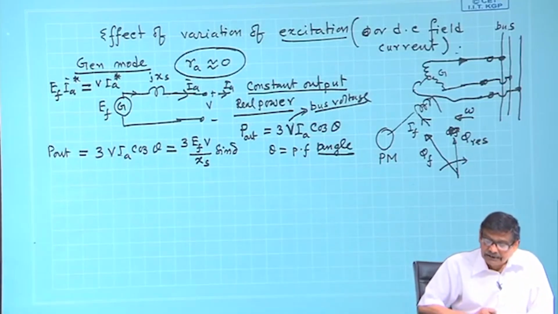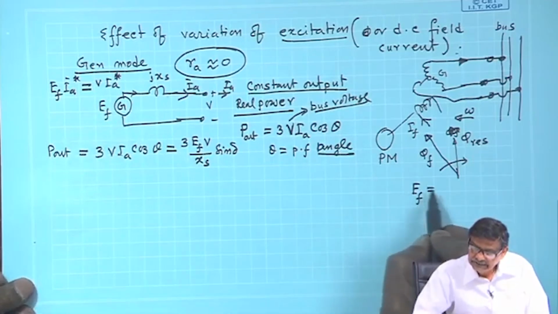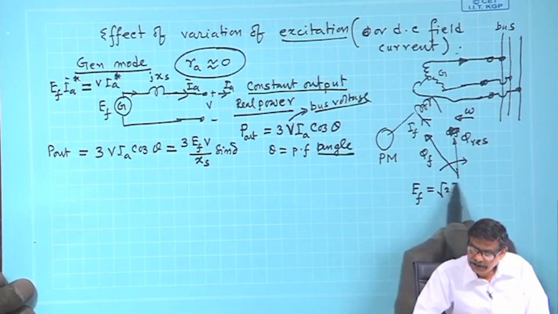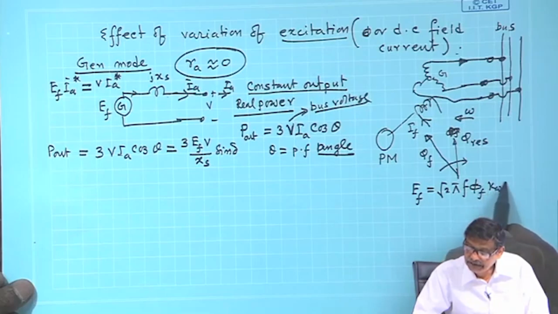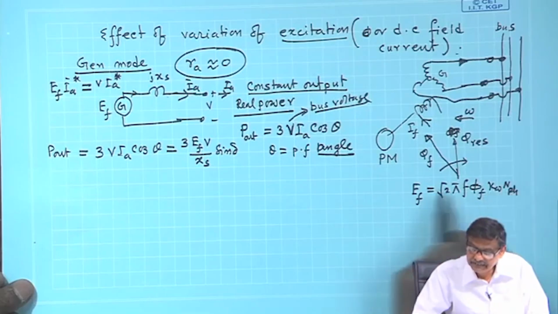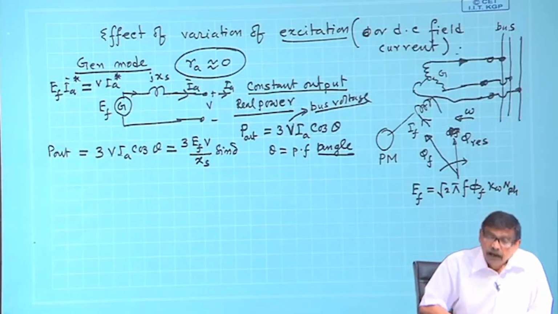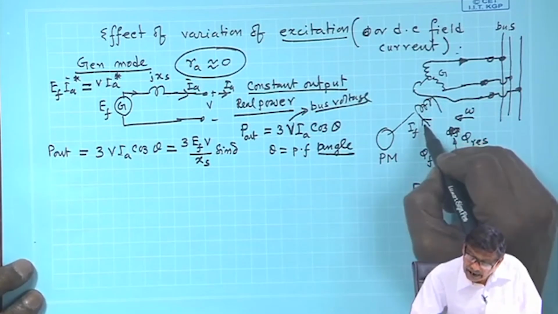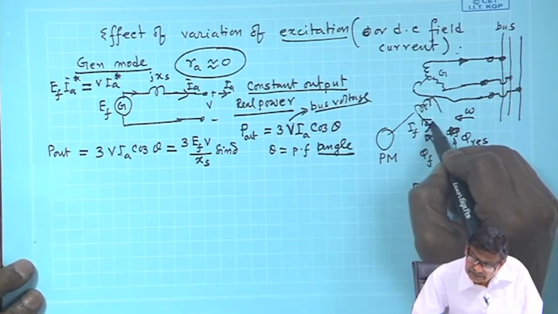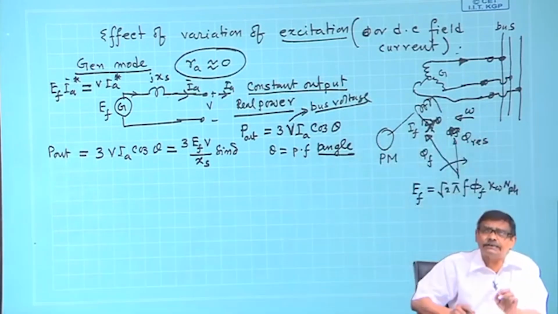Now, what I am telling is this. You recall, this E_F is equal to root 2 pi f times flux per pole times k_W times N phase of the stator phase. Now, I will vary this field current I_F by connecting a rheostat here.